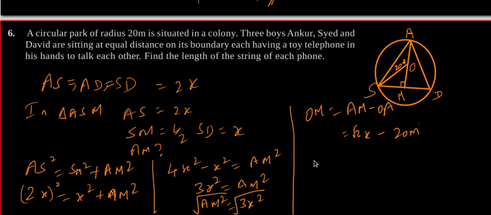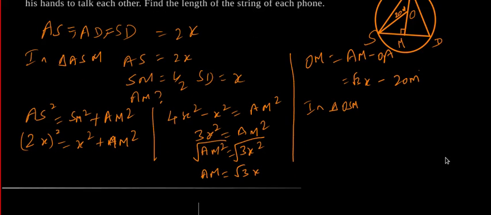In triangle OSM, OS is 20 meters, the radius of the circle, OM we found is root 3 x minus 20, and SM is x. Everything is in terms of x, so we can find the value of x.